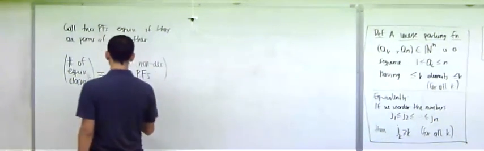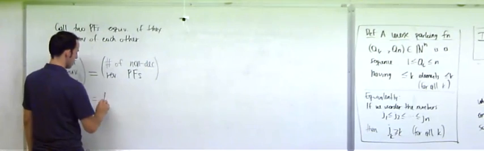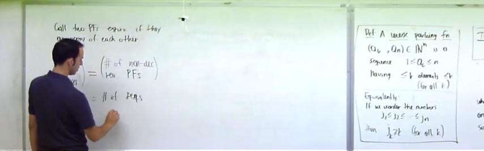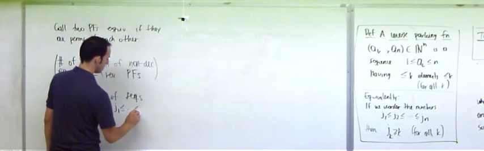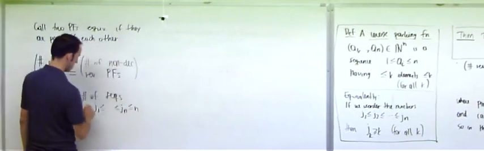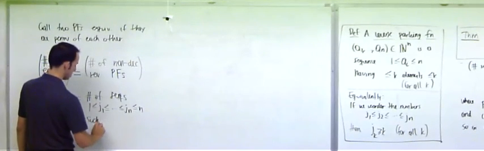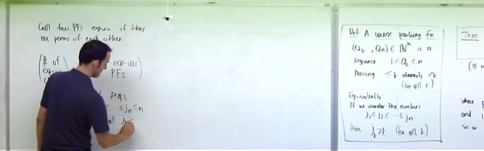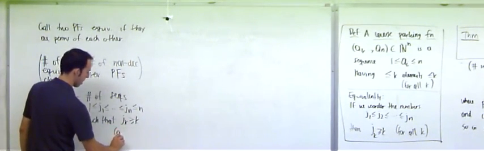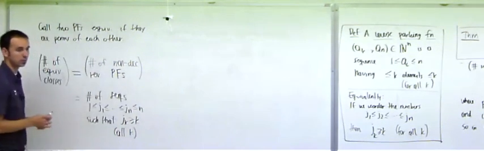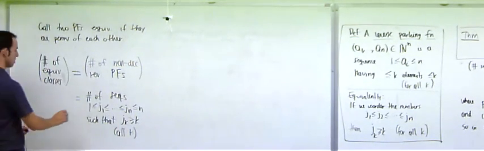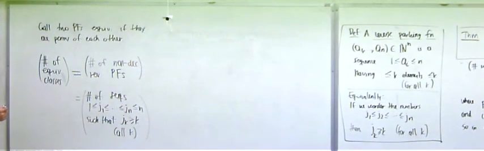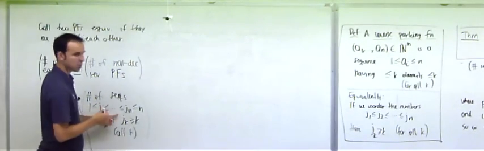So this is the same as the number of sequences of numbers j1 up to jn between 1 and n such that jk is bigger than or equal to k for all k. And so this is what we need to count.